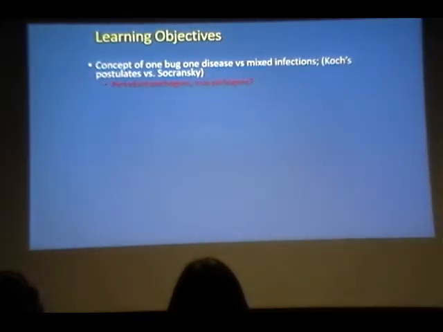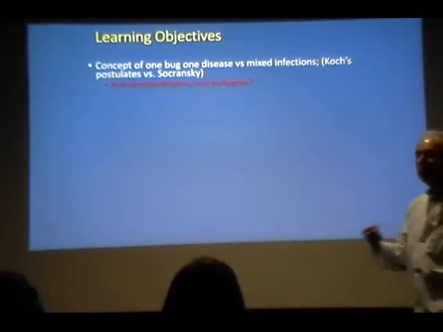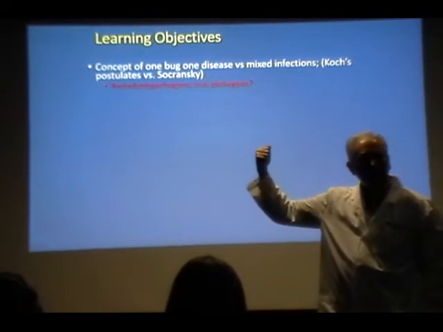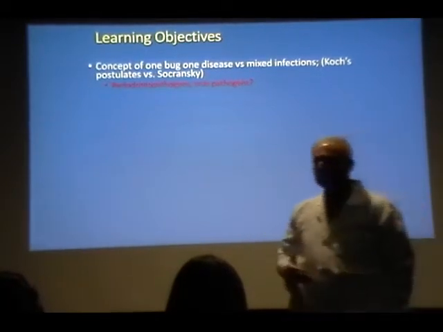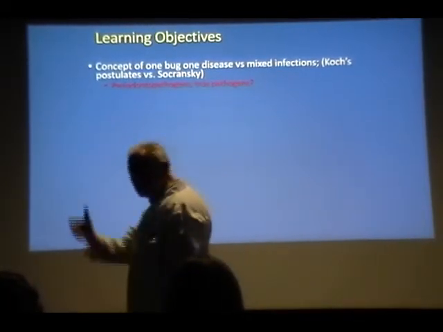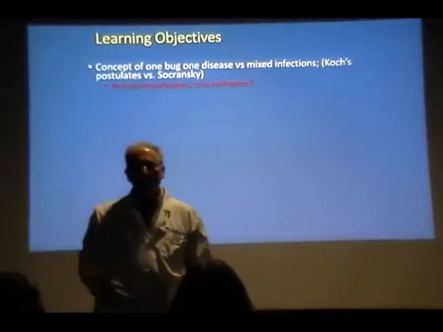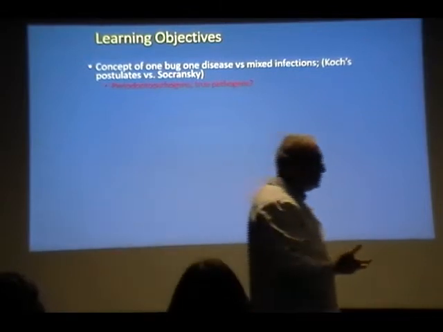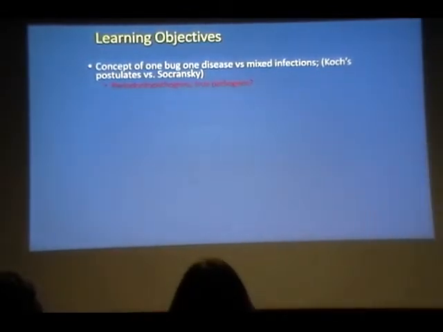These are organisms that shouldn't be in us, but when they do get in us, they can cause disease. These are organisms that are in us. I could do PCR analysis of everyone's plaque in this room, and I bet you everybody's got Porphyromonas gingivalis to some degree. Does that mean you have the disease? Not necessarily. So these are concepts that you need to understand, and we'll get into when we talk about dysbiosis.